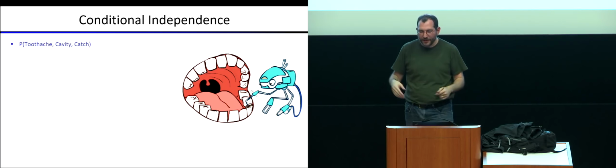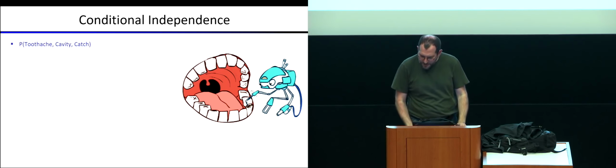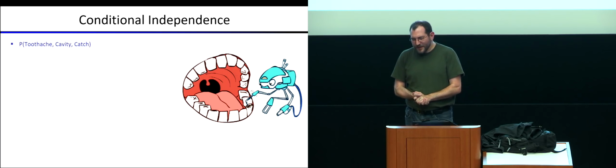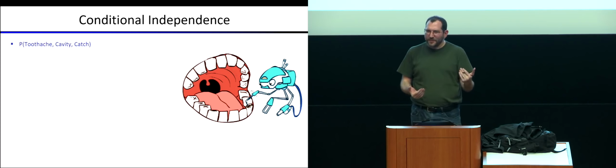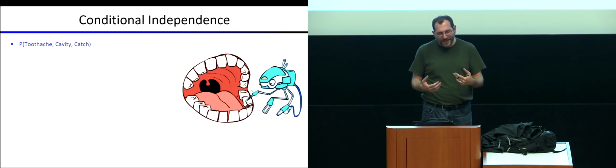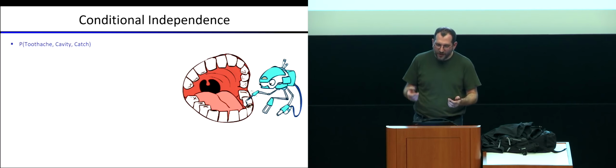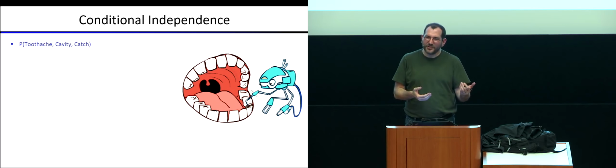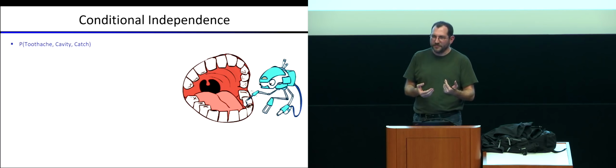It wouldn't be that big. But I might be able to do better than that. Because if I have a cavity, my tooth might hurt or it might not, but if I have that cavity, whether or not the probe physically catches on my tooth maybe doesn't have much to do with whether or not I'm feeling pain. Okay?